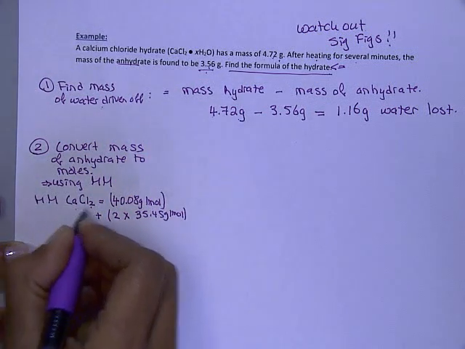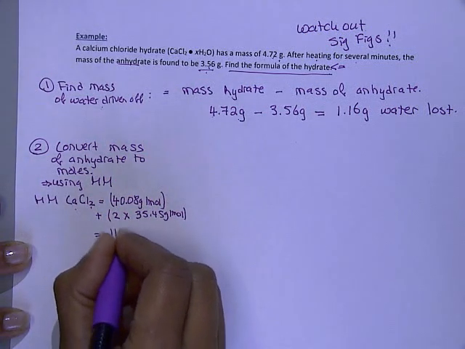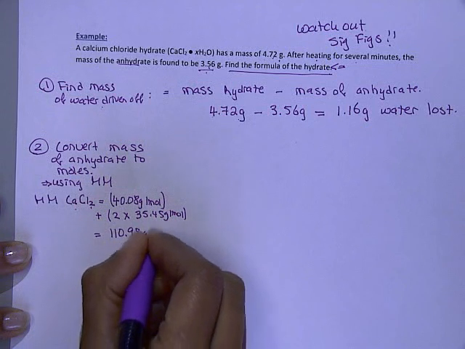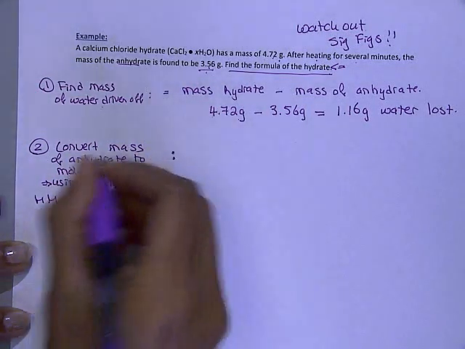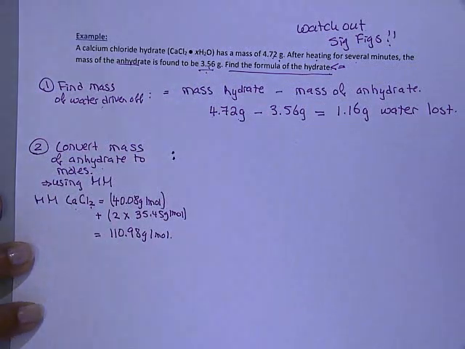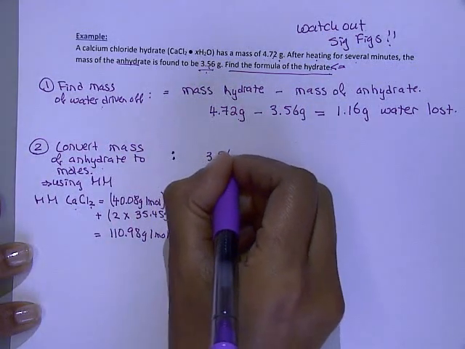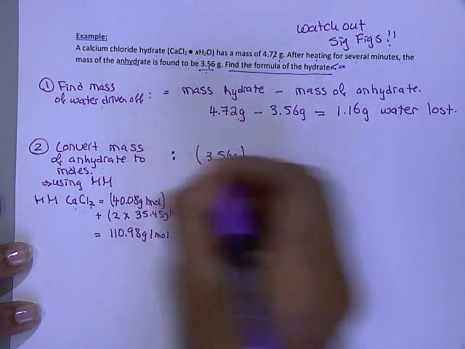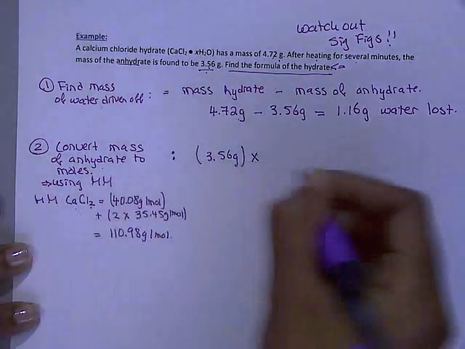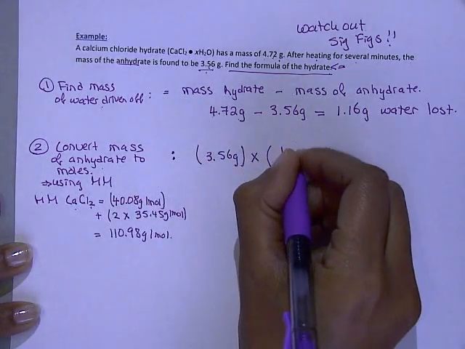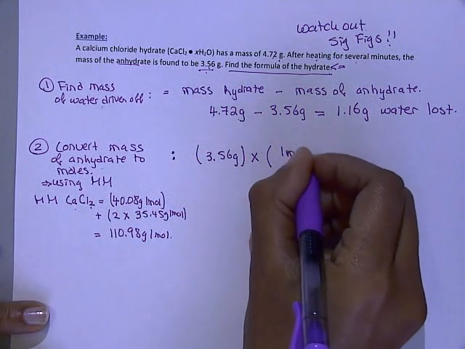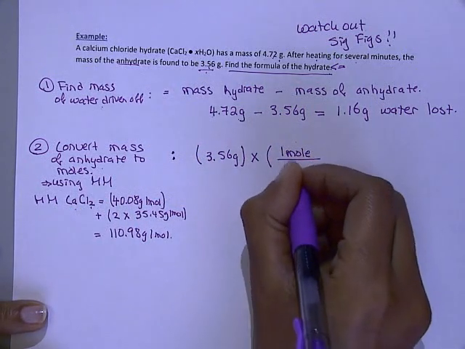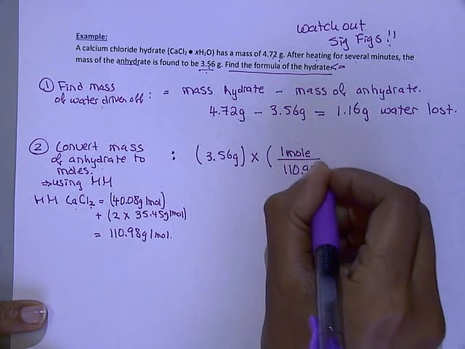So our molar mass of calcium chloride is 110.98 grams per mole. To convert our mass of anhydrate to moles of anhydrate, our mass of anhydrate is 3.56 grams times its molar mass, but my desired unit is moles, so it's actually 1 mole over 110.98 grams.